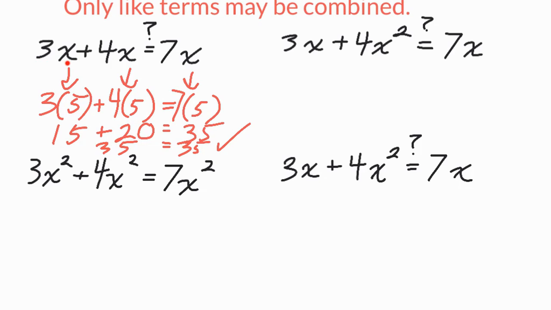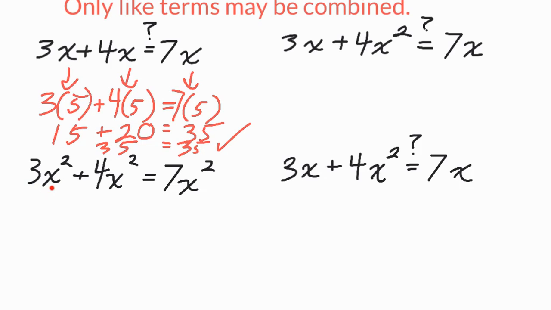From the last slide, you know that 3x and 4x both have the same variable, and they have the same exponents, or in this case, they each have no exponent. So these are like terms, which means we can combine them, which means we can add or subtract them. And you can see, 3 plus 4 is 7, so 3x plus 4x is 7x, and you can see from all of this that it does work out. What about these over here?